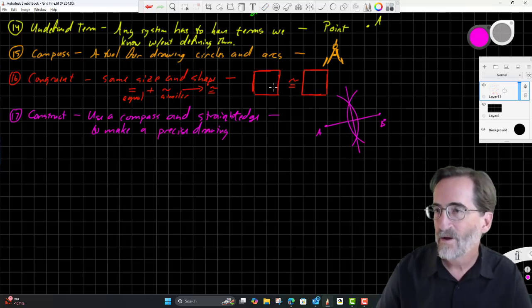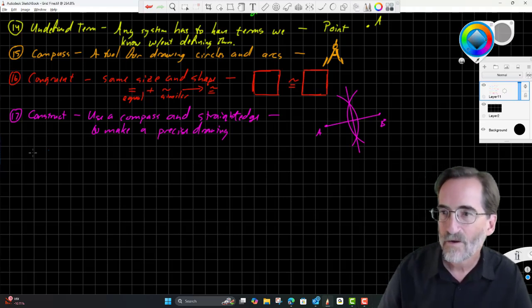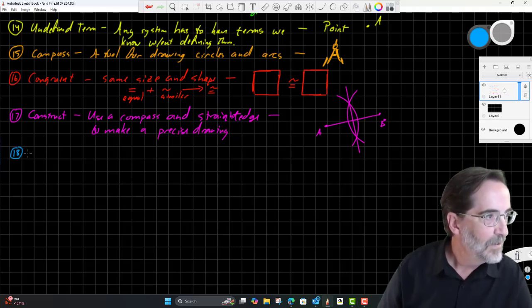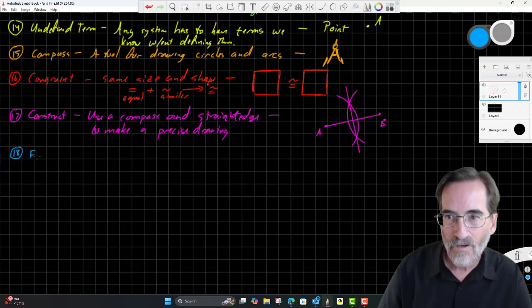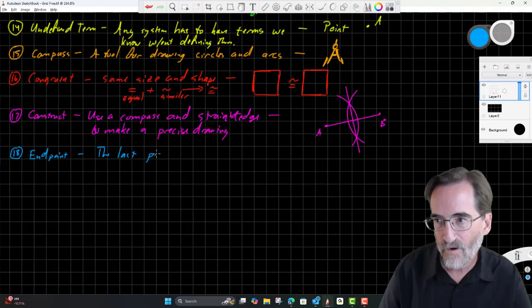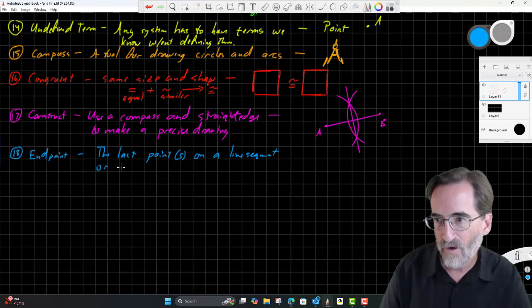Okay. 18. Endpoint. The last point or points on a line segment or ray.